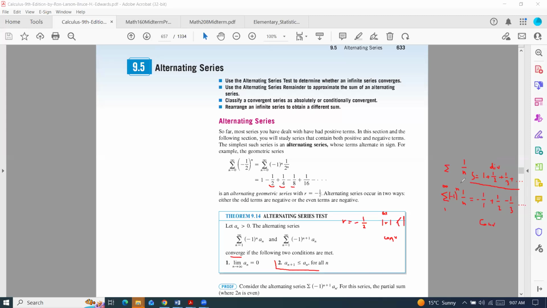So it's good to realize that it's convergent because of a special statement that says the limit of the nth term is 0.